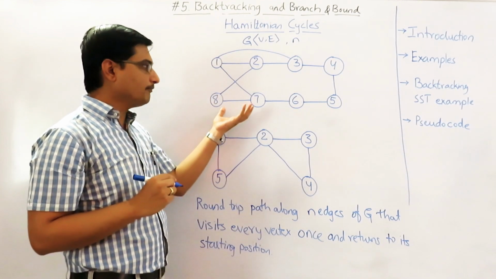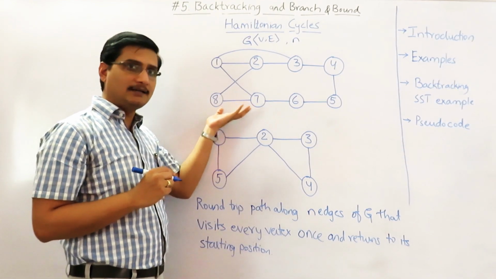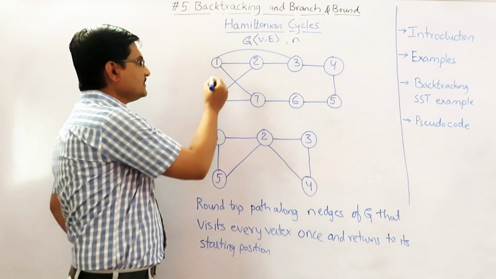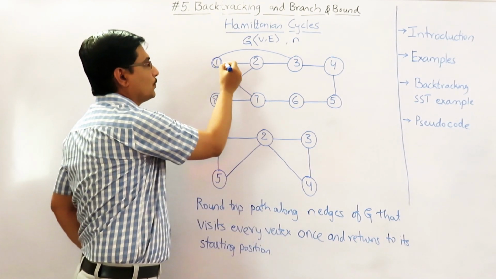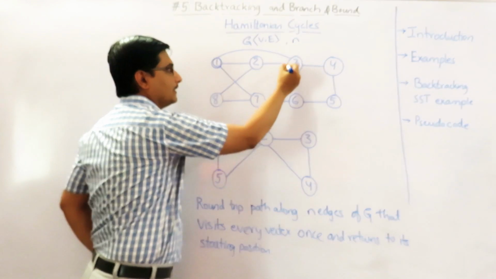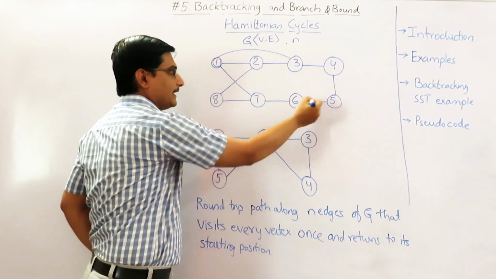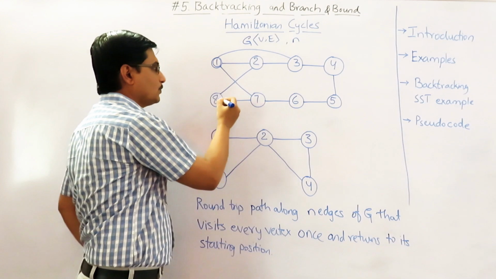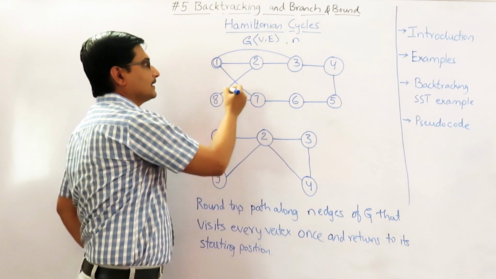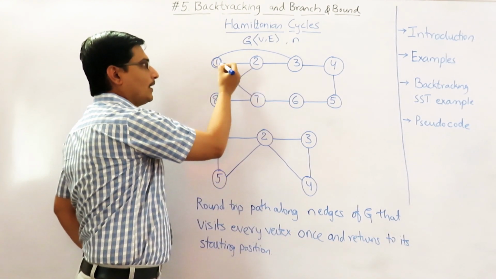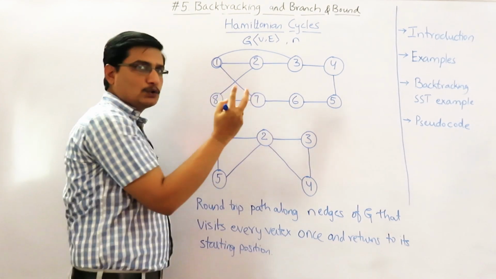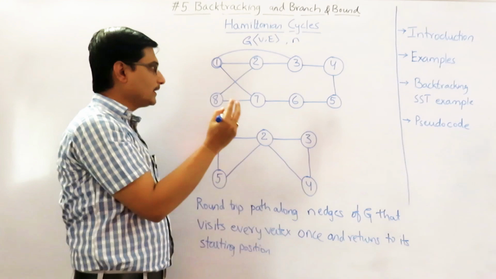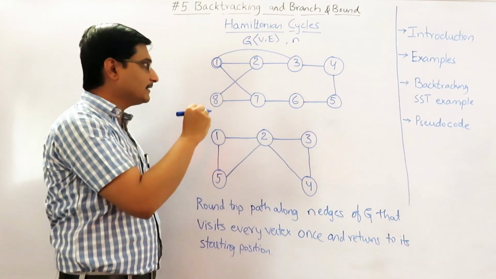Say if we want to find the Hamiltonian cycle in this graph, we can start from vertex 1, then vertex 2, vertex 3, vertex 4, vertex 5, vertex 6, vertex 7, vertex 8, then coming back to 2, 1. If we do like this, then 2 is visited twice, so that will not be a Hamiltonian cycle.